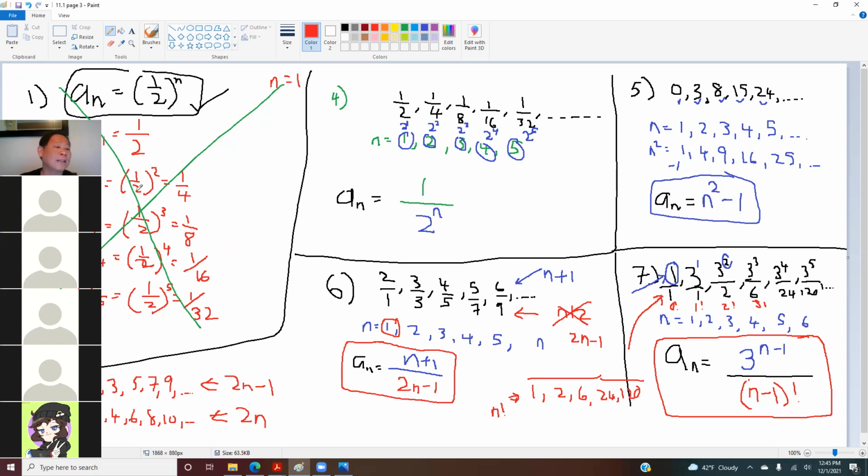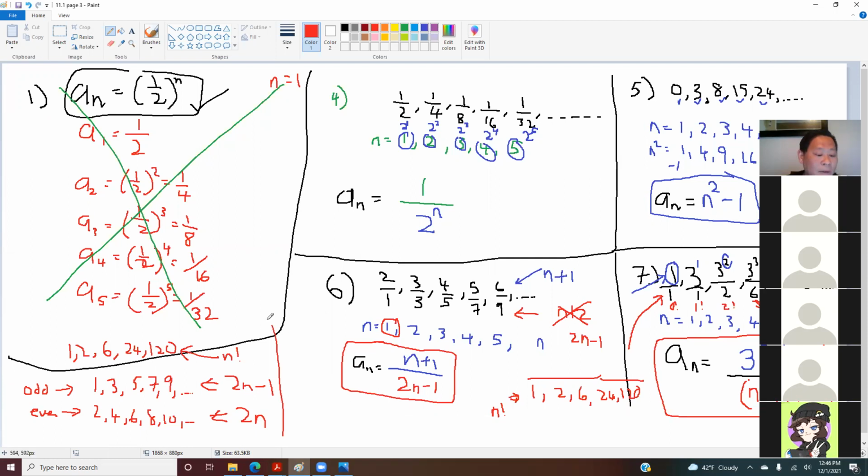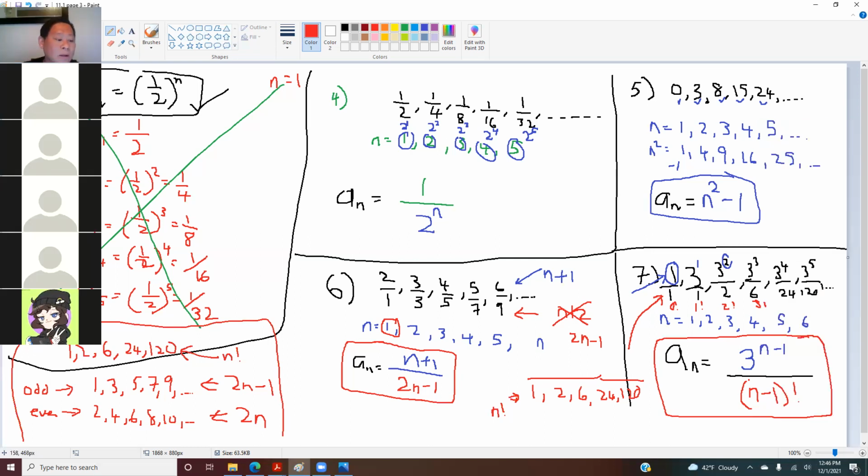Okay. So that is another thing I want to point out here, which is factorial. If you have 1, 2, 6, 24, and 120, this is n factorial. This is something that you guys need to know. And if you have double ones, 1, 1, 2, 6, 24, and 120, then you will have n minus 1 factorial.